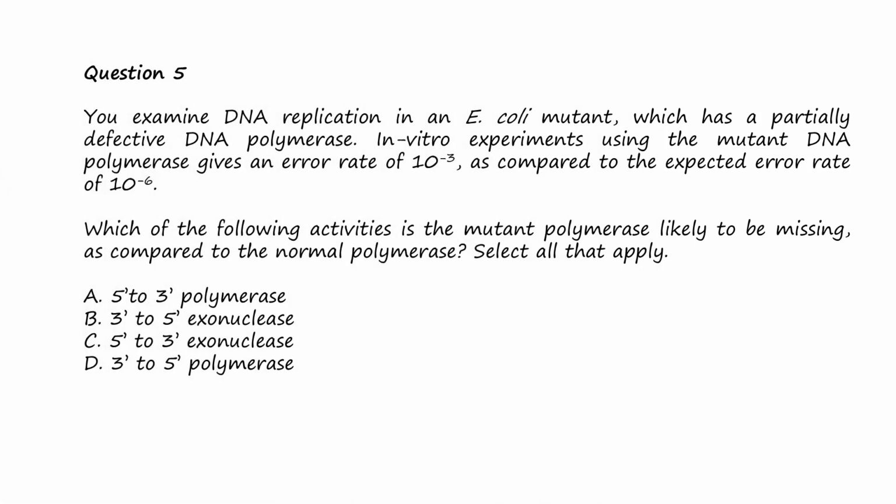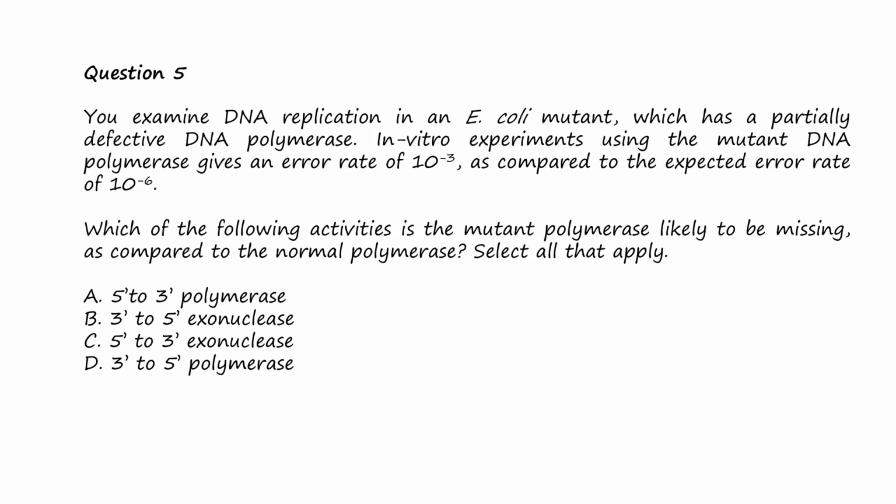Question 5. You are examining an E. coli mutant whose DNA polymerase has an error rate of 10 to the power of -3 instead of the normal 10 to the power of -6. Which activity is likely missing? Select all that apply.